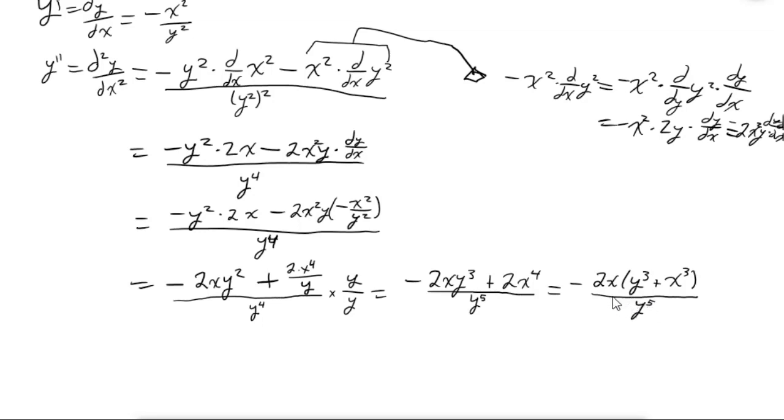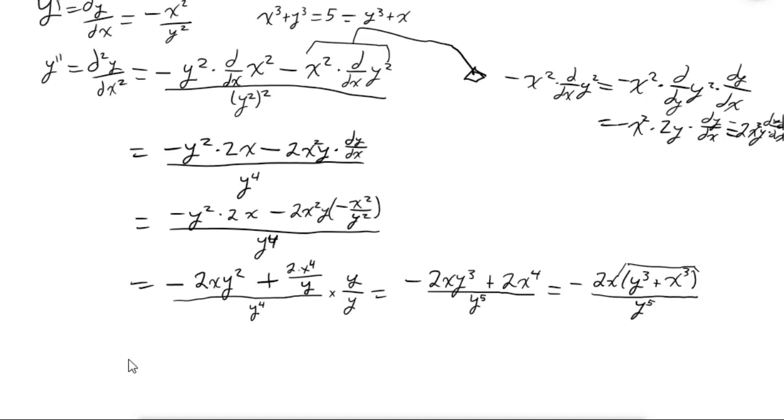And you might be tempted to leave it here. You say, I can't go any further. However, if you remember right at the beginning, it mentions that x cubed plus y cubed is equal to 5. Well, x cubed plus y cubed is the same as y cubed plus x cubed. So we know that this portion right here is equal to 5.